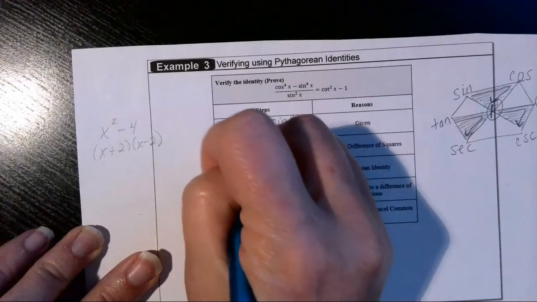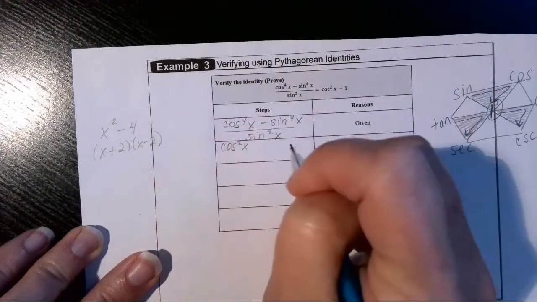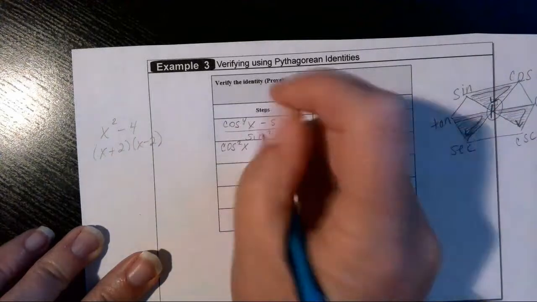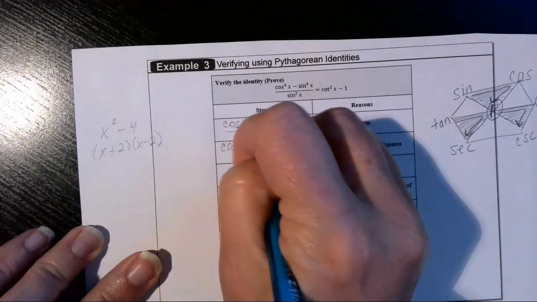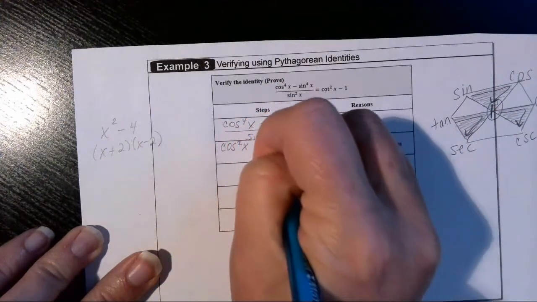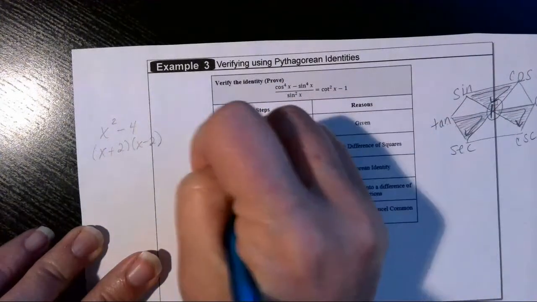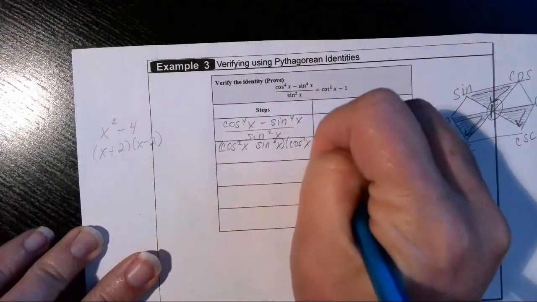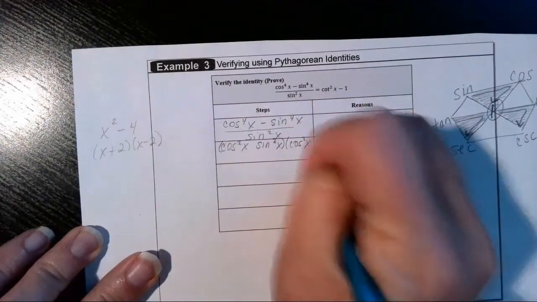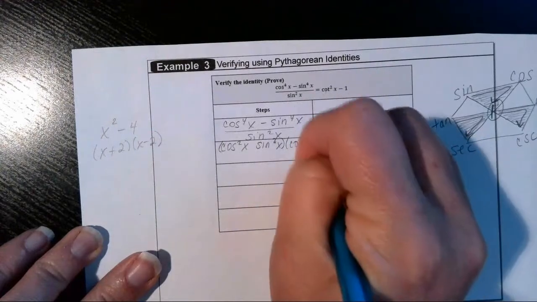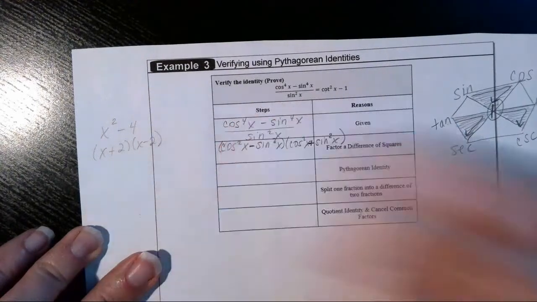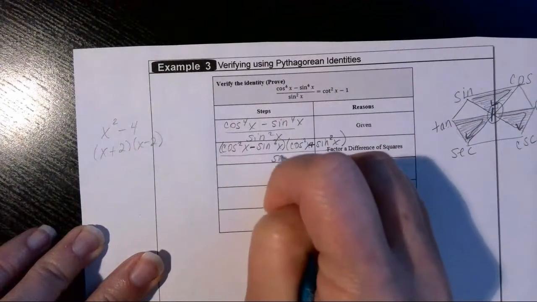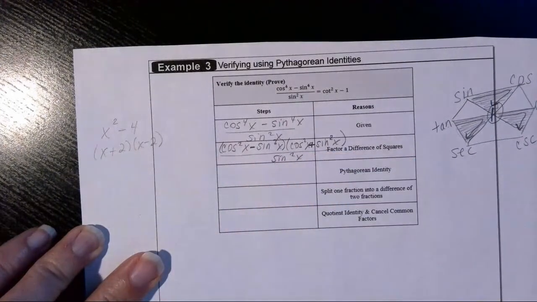So we'll have a cosine squared of x. Then same thing for the second term. We're going to square root that sine to the fourth of x, and that'll give us a sine squared of x. And then one of them gets a plus, and one of them gets a minus. So that'll be my plus, and that'll be my minus. And then that's all divided by sine squared of x.